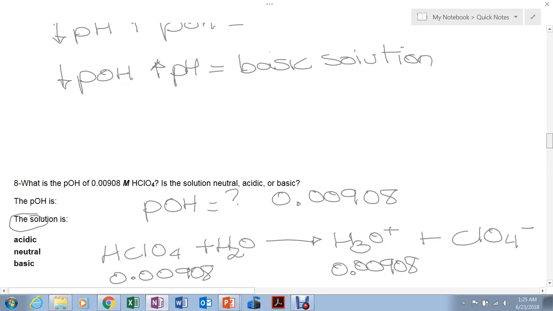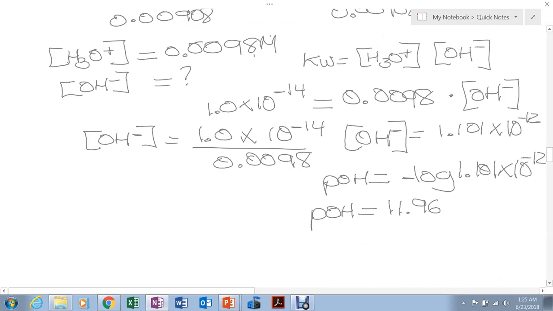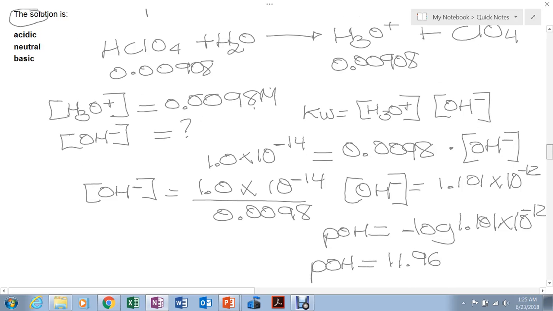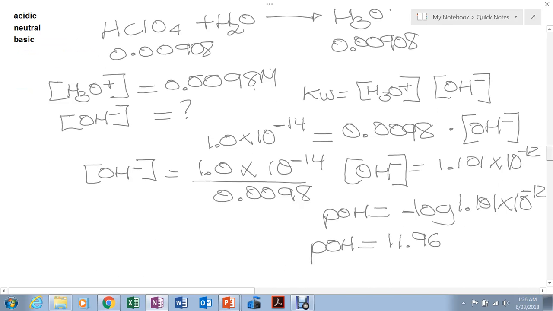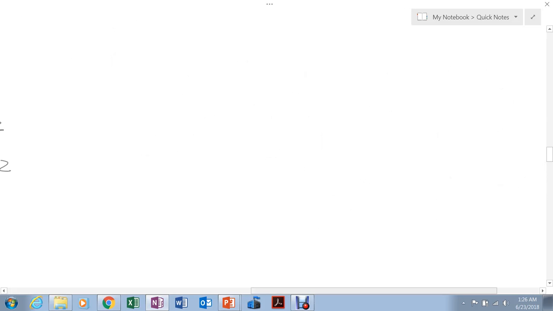And number 8 would be this one where we did before, the concentration of the acid, perchloric acid. You get this 100% ionized, and then you find out the pH, but the problem is asking for the pOH. So you find the concentration of hydronium, like we did here, and then of the hydroxide, sorry.